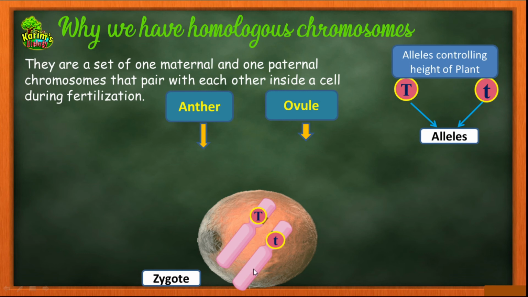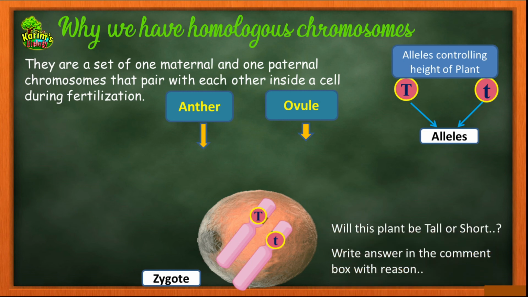Altogether in its body a pair of chromosomes are there which are homologous chromosomes, and out of the homologous chromosomes, one it got from the male gamete and the other it got from the female gamete. So the plant that develops from this seed will have homologous chromosomes, out of which one it has got from the male gamete, one it has got from the female gamete.